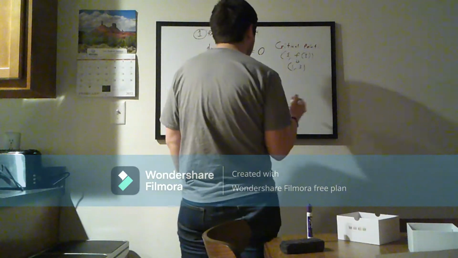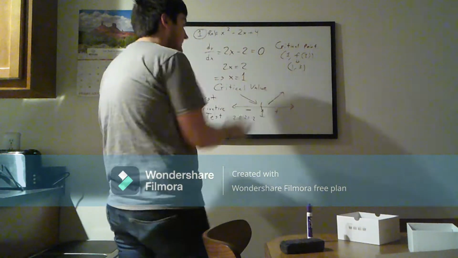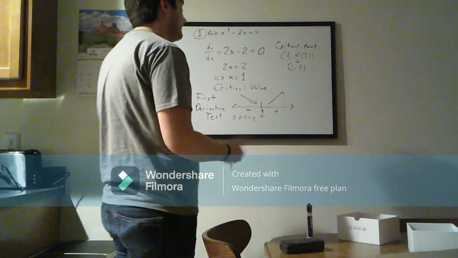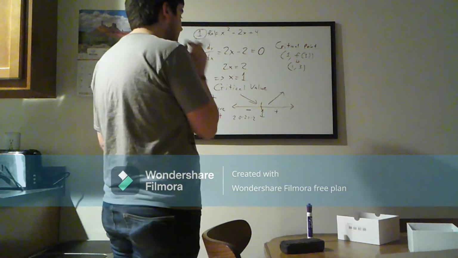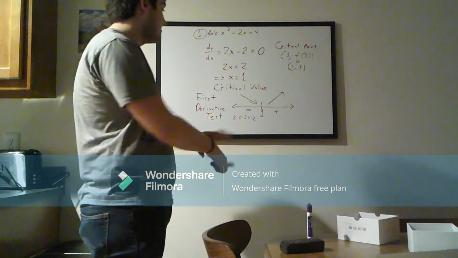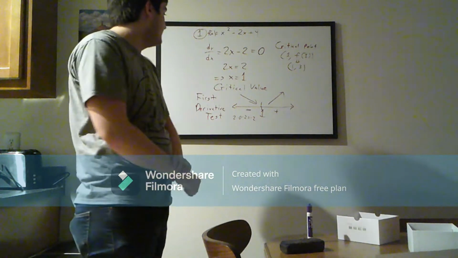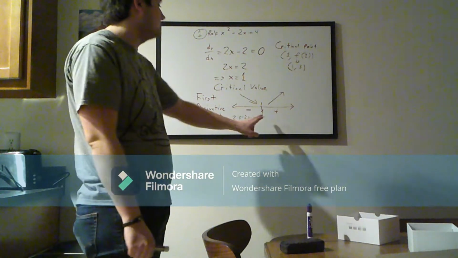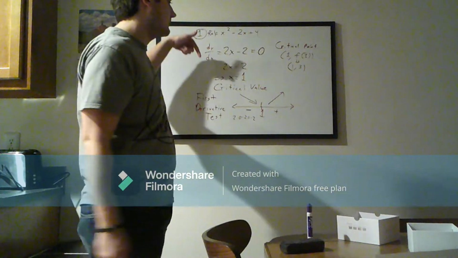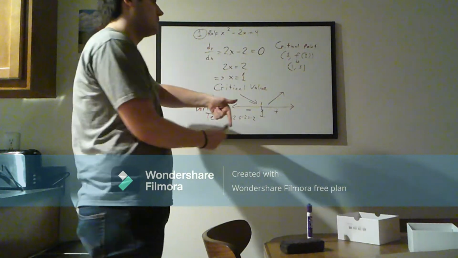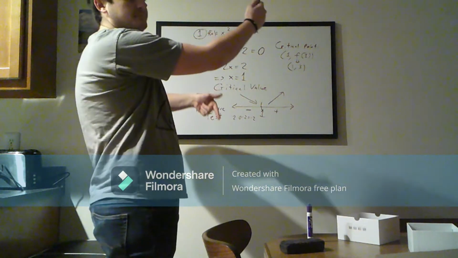So, we can actually use the information we have now to make a complete graph. We know what's happening, we know kind of what our graph is going to do. Okay? Good. Now, what we can also see is notice that before 1, we're going down, and after 1, we're going up.